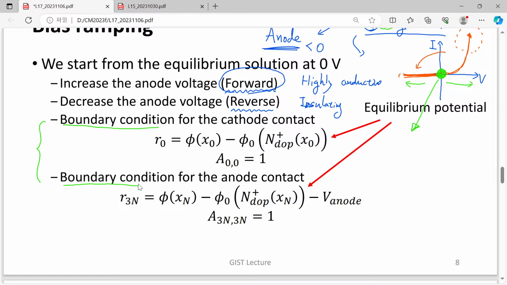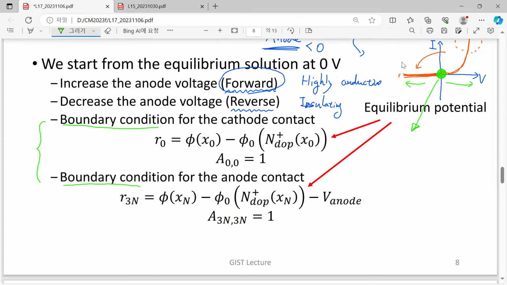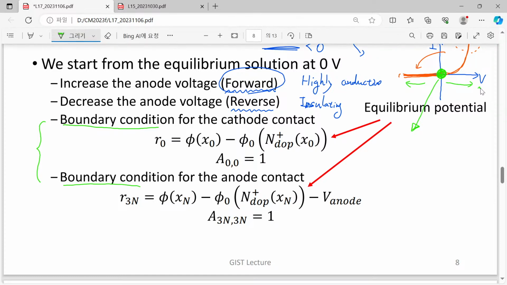So the continuity equation or Poisson equation doesn't depend on the boundary values. So nothing has changed. Everything is perfectly the same. The only point we have to change due to the change of the voltage is the boundary condition.